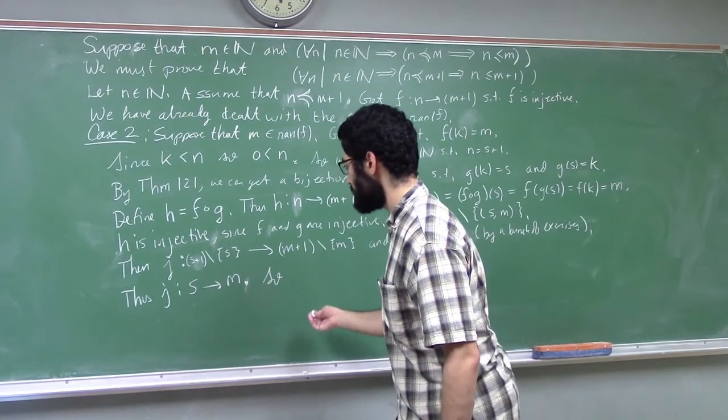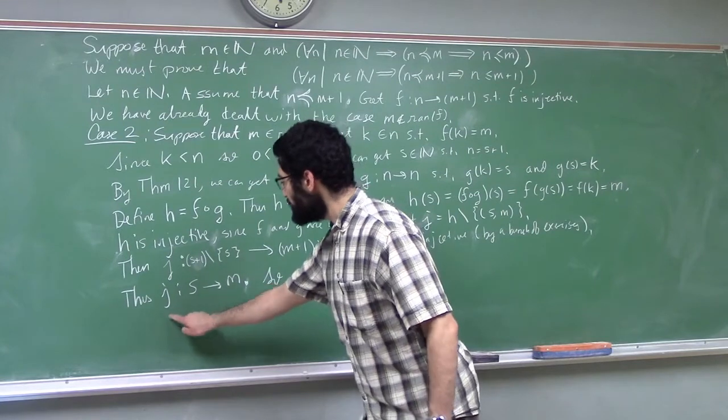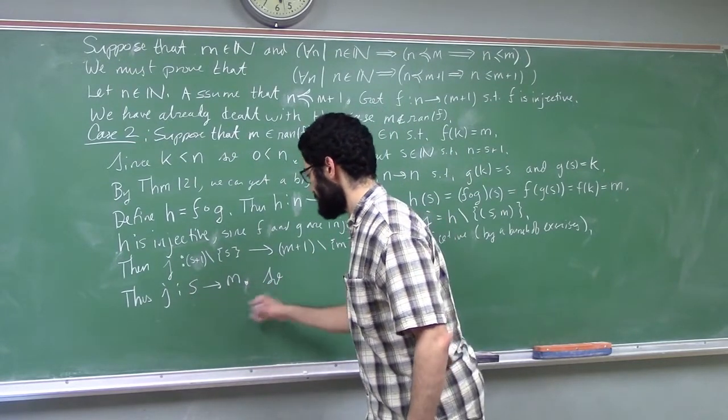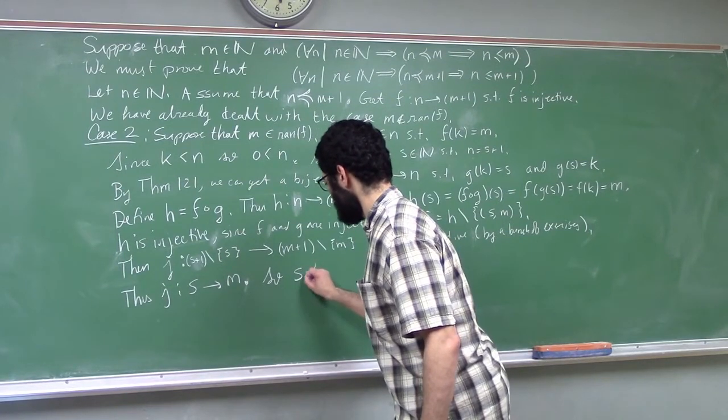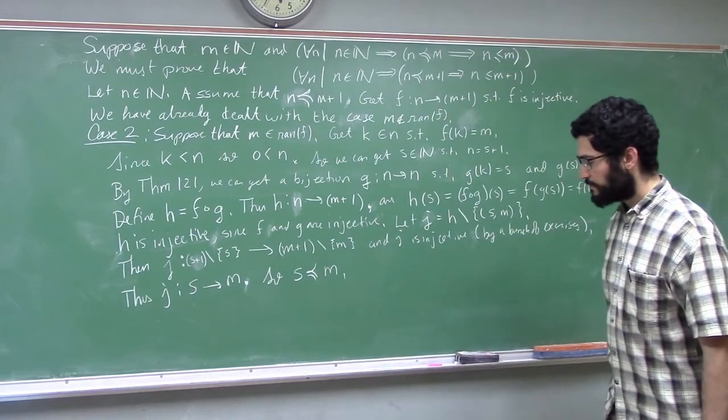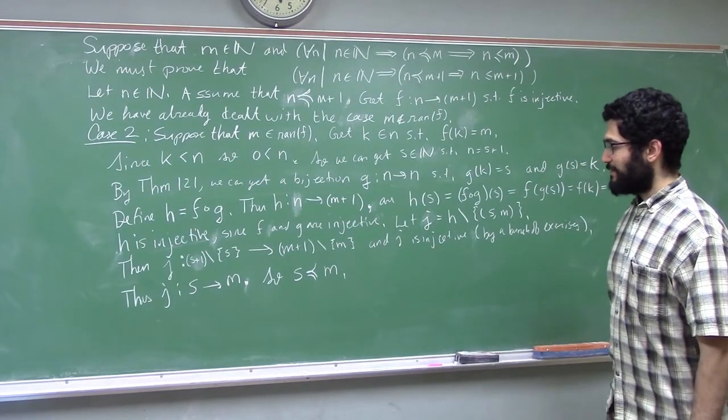So this is kind of an existential generalization. J is an injective function from S to M. Therefore there exists an injective function from S to M. That's what this says.